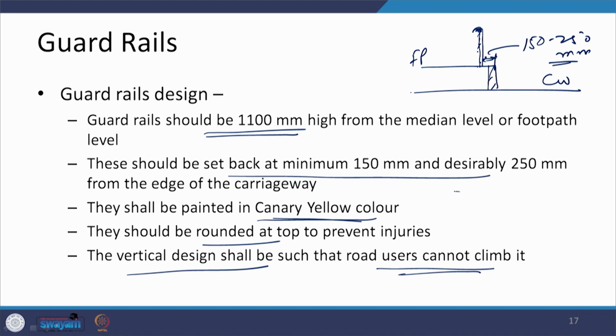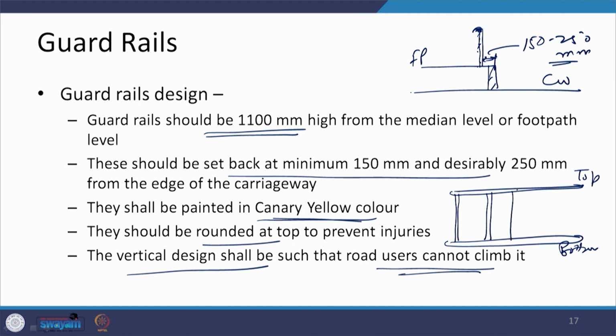So, if I am talking about this system of the guardrail, this is my top and say this is a bottom rail, and this top and bottom rail are going to be connected by way of vertical bars like this.